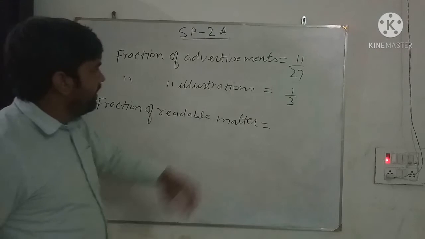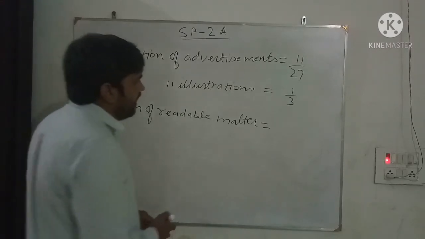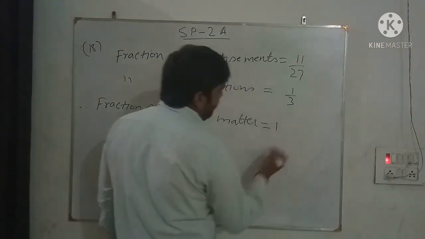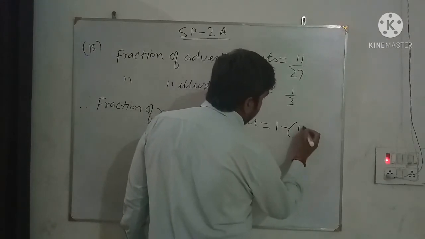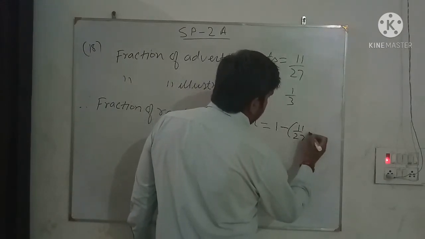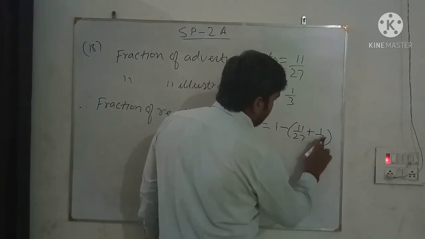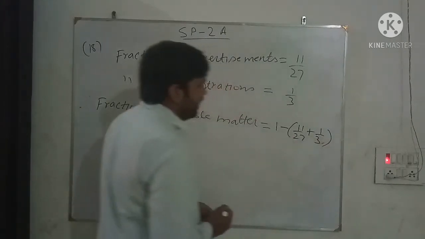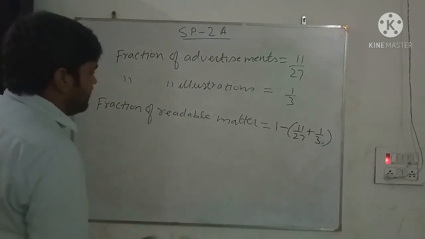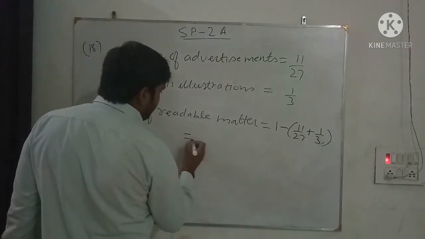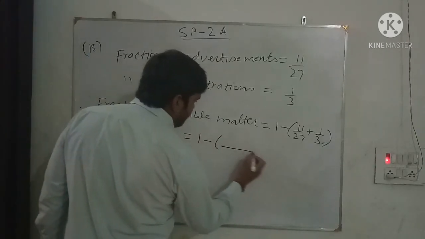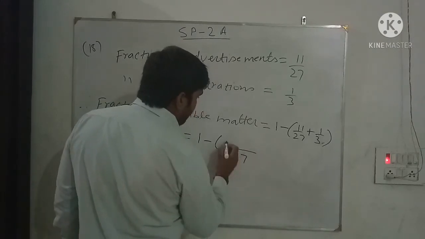So what is the readable matter? Subtract from one whole. I have taken 1 minus 11 by 27 plus 1 by 3. So all these things we subtract from the whole. Okay. So what is the LCM of 27 and 3? That is 27. So 1 minus, LCM is 27. So that is the 11.